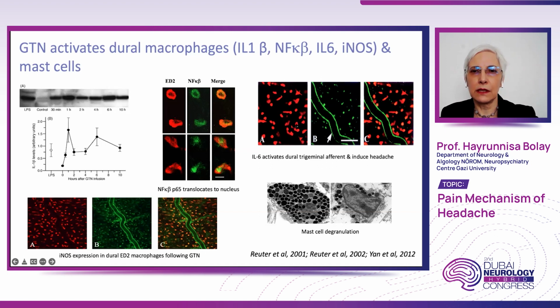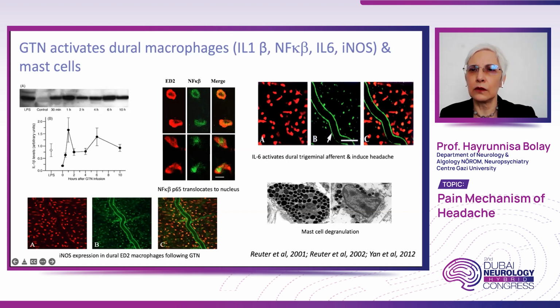Within several hours, we can also observe induction of one of the important cytokines, IL-6, in the same macrophages. When IL-6 is activated and released from these immune cells, it has an important nociceptive action, activating dural trigeminal afferents and inducing headache-like behavior.